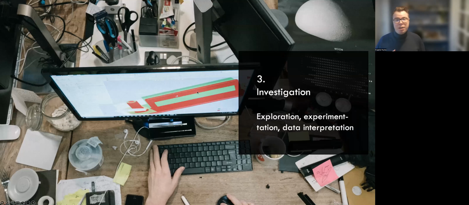After the problem has been identified and the research question and possible hypothesis has been formulated, the students enter the investigation phase. This phase is the one that often comes to mind when we talk about inquiry-based learning. Students, individually or in groups, conduct their own small projects of inquiry where they are responsible for producing knowledge.